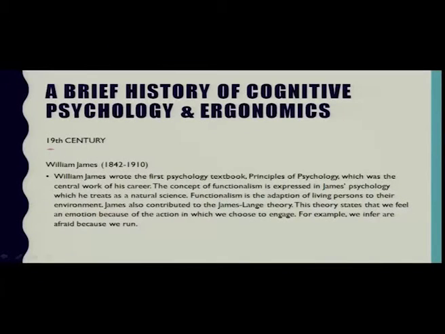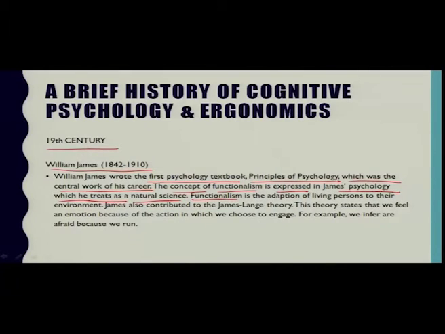Let's have a brief history of cognitive psychology. In the 19th century William James contributed by writing the first psychology textbook, Principles of Psychology, which was the central work of his career. The concept of functionalism is expressed in James' psychology, which he treats as a natural science.